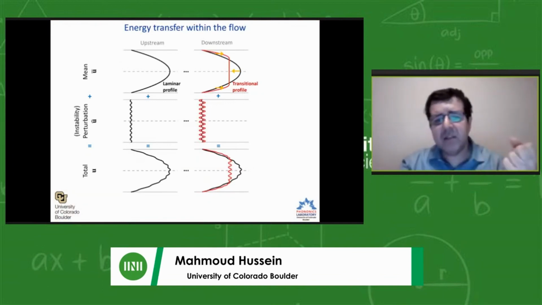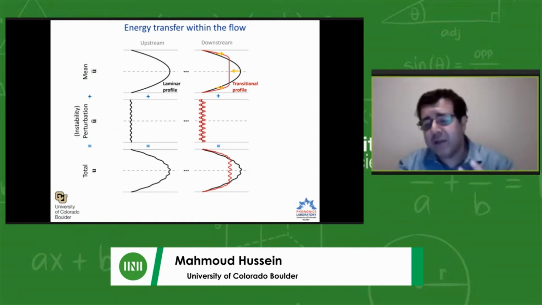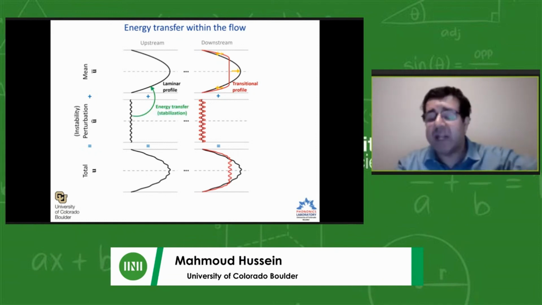So with that in mind, if I now go back and look at the same picture that I showed you before, essentially we now have conceptually, at least at this point, an opportunity to interfere into the resonance mechanism at the very fundamental level that underlies this energy exchange between the mean flow and the instability.